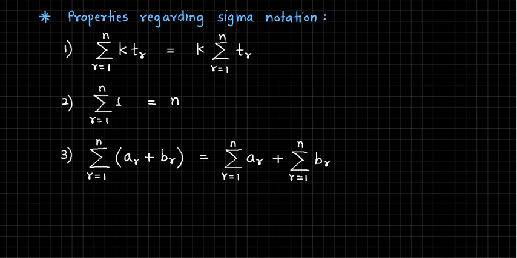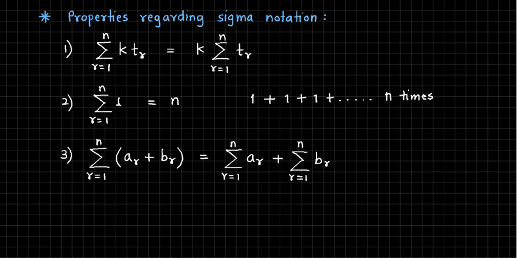The second property is that the summation of 1 as r varies from 1 to n is nothing but equal to n. Now this is evident because every term has the value 1 itself, isn't it? So 1 will occur n times, and hence this total sum is nothing but 1 added n times, that gives us n, right?